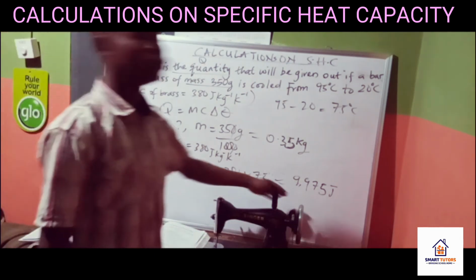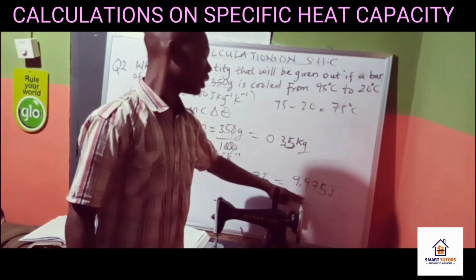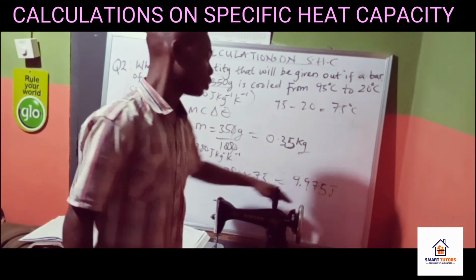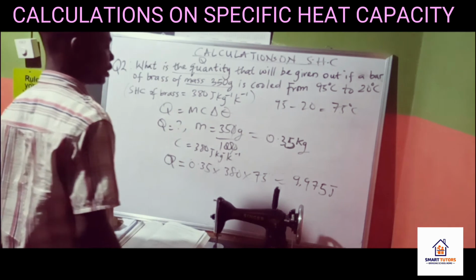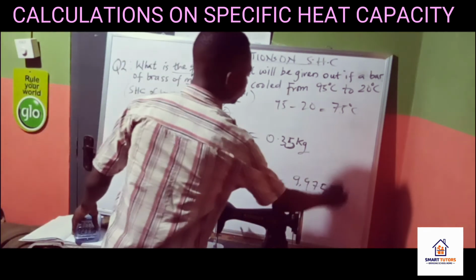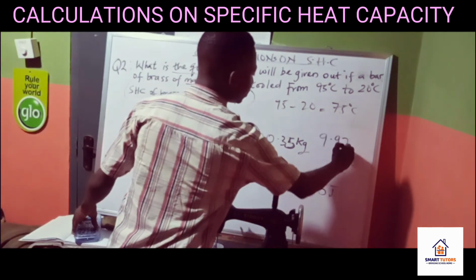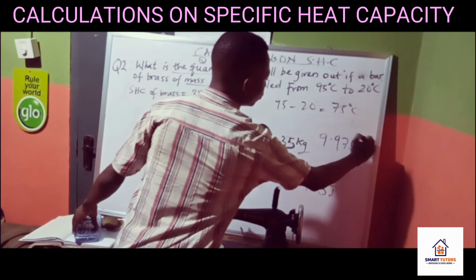If you were to convert it to kilojoules, you just divide by 1000, so this is 9.975 kilojoules.